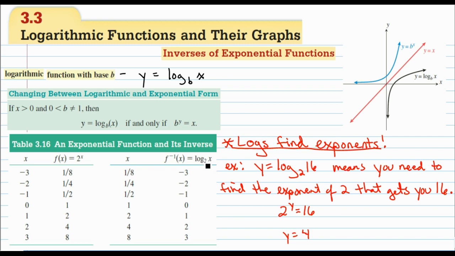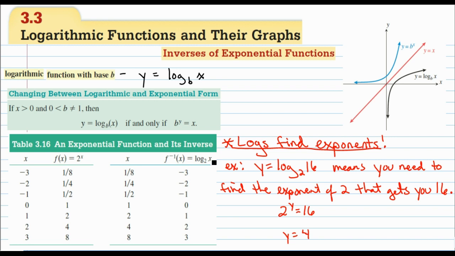So you're trying to find the exponents of 2 that get you x. So when I plug in 8 for x, I am trying to find the exponent of 2 that gets me 8. When I plug in 4, I'm trying to find the exponent of 2 that gets me 4.